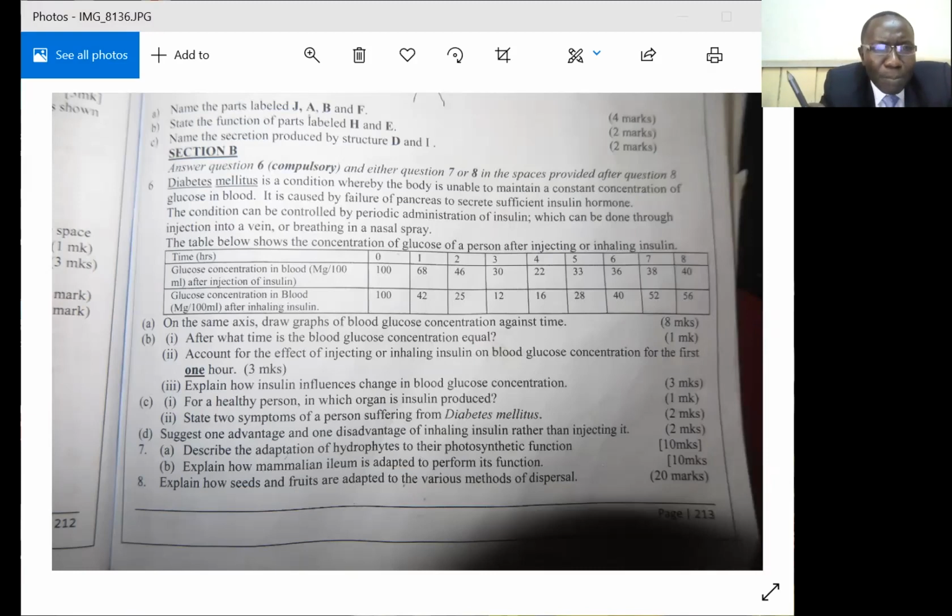Part C, part 2: account for the effect of injecting or inhaling insulin on blood glucose concentration for the first 1 hour. This examiner is very keen.